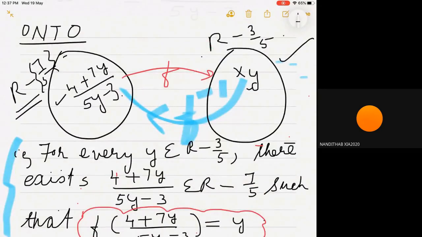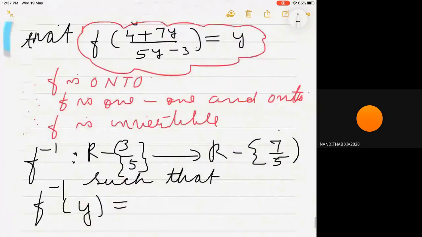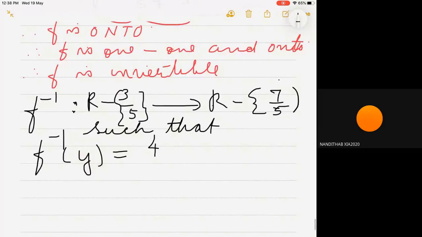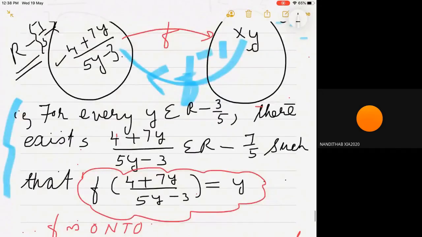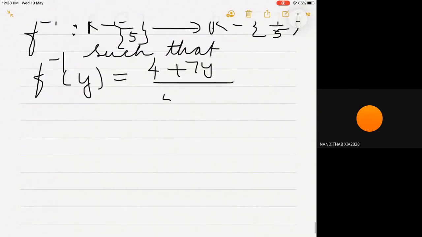It is the image of y in the reverse mapping, that is 4 plus 7y by 5y minus 3. So this is the final answer.